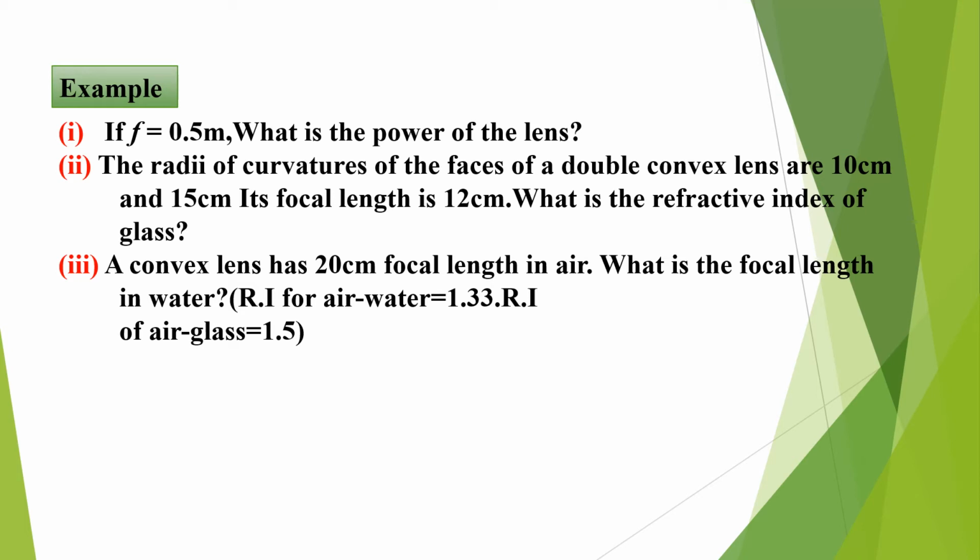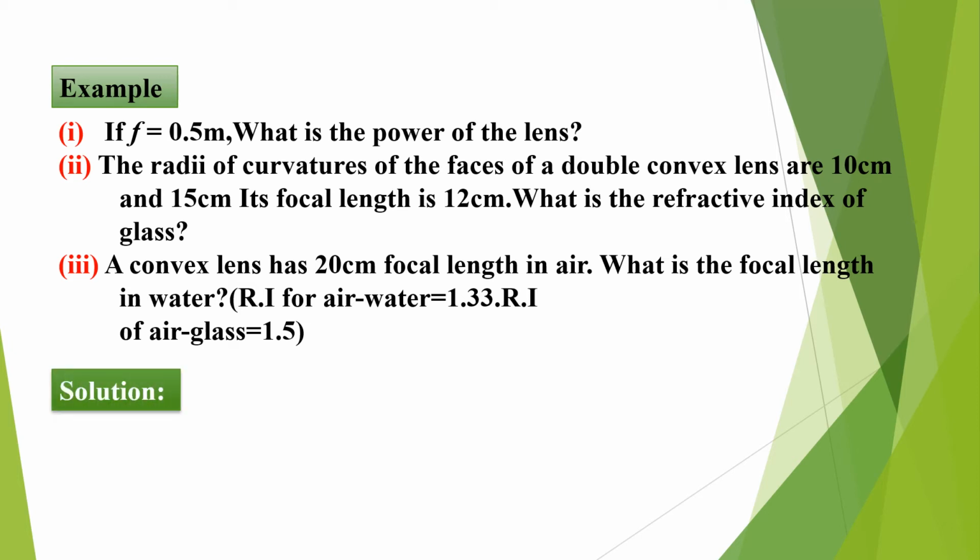What is the refractive index of the glass? Third one: a convex lens has a 20 centimeter focal length in air. What is the focal length in water? The refractive index of the air-water interface is 1.33 and the refractive index of the air-glass interface is 1.5.